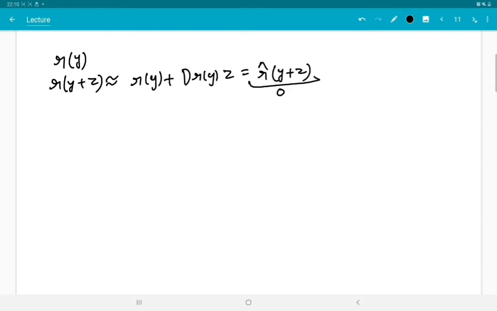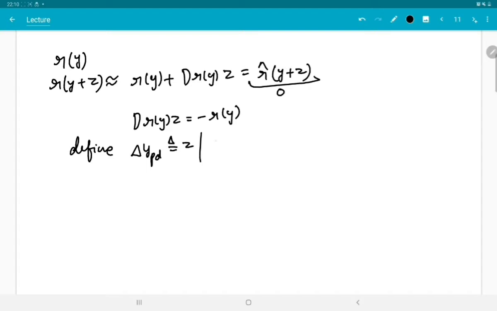So what we obtain is Dr of y times z equals minus r of y, and now we define a variable delta y pd, which is defined as the z such that this condition holds.